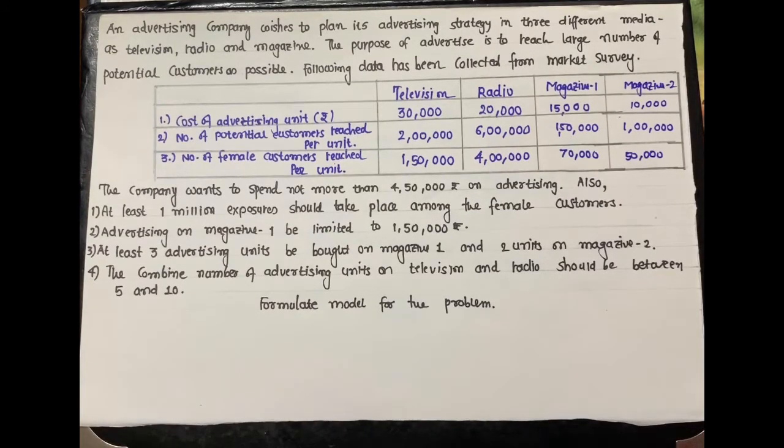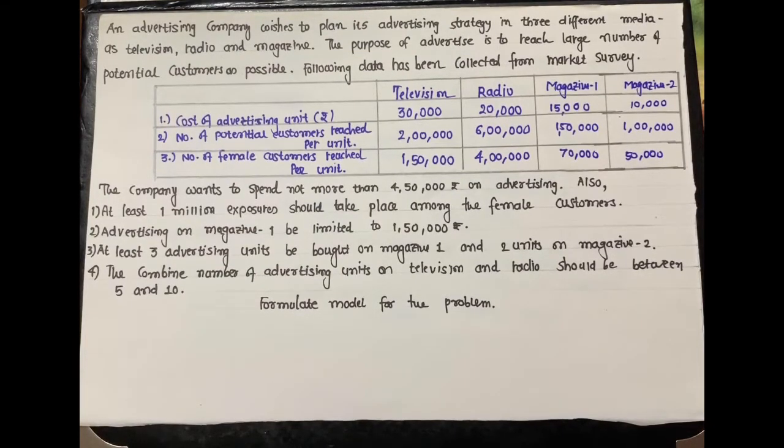Further, the company wants to spend not more than 4,50,000 rupees on the advertising. Also, there are 4 other constraints, at least 1 million exposures should take place among the female customers. Second is advertising on the magazine 1 be limited to 1,50,000 rupees.